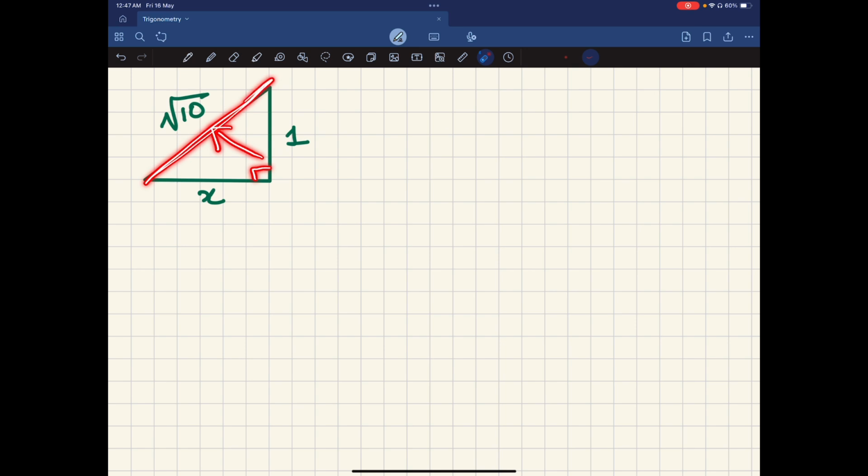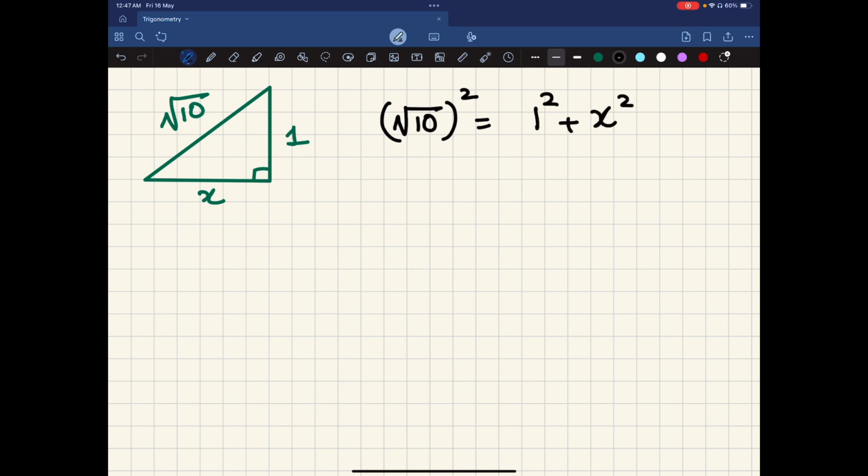So under root 10. Okay, so what are we going to do? We're going to apply Pythagoras. You're not going to get confused. You're just going to apply what you've learned. So hypotenuse is under root 10 square should be equal to 1 square plus x square.